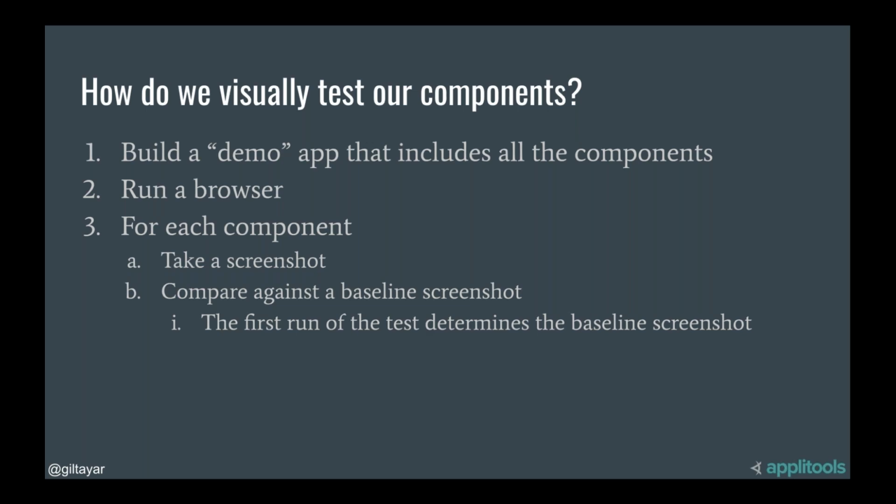If there is a diff between the baseline and the current screenshot, it could be one of two things. Either it's a bug or it's a feature, as usual. A bug meaning, yeah, I did something wrong. The application doesn't look as it should. So I fix the bug, run the test again and the test passes.